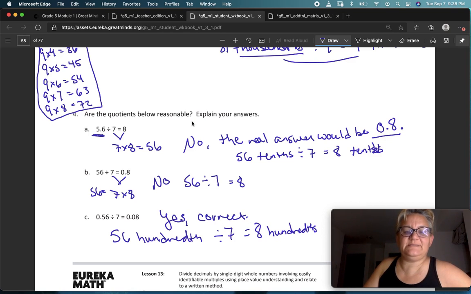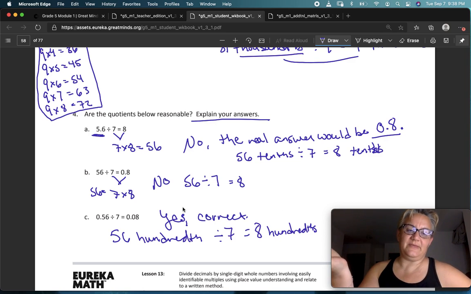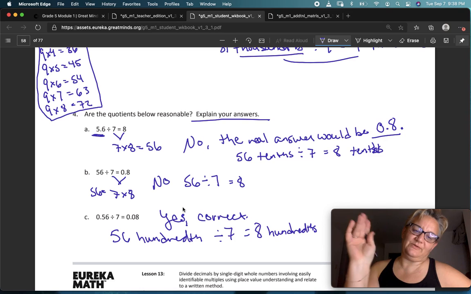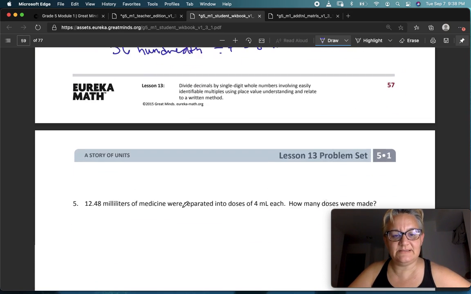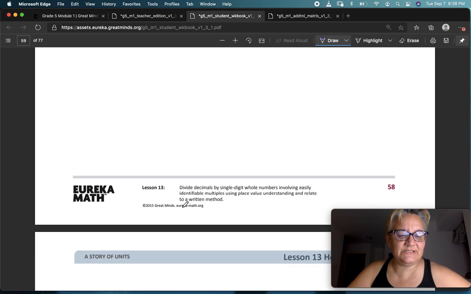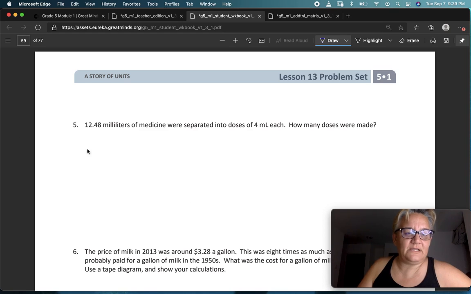Okay, please explain with a little bit more detail than I did. I'm explaining to you with my words, but because you are turning this in on paper, you need to explain with your written words, not your speaking words. And just two quick story problems. 12 and 48 milliliters of medicine were separated into doses of 4 milliliters each.